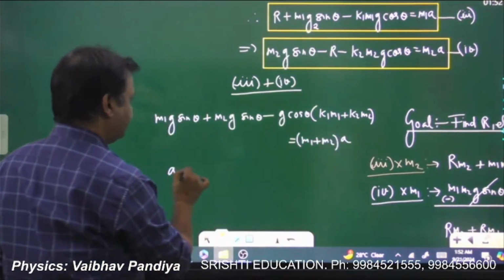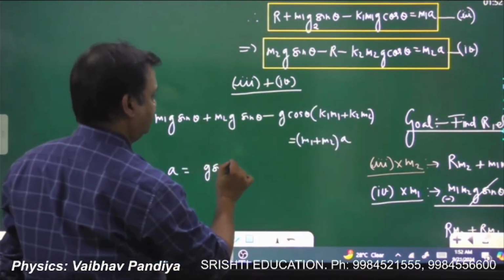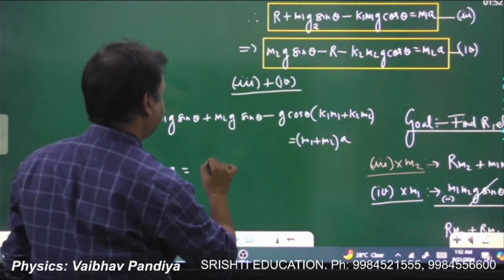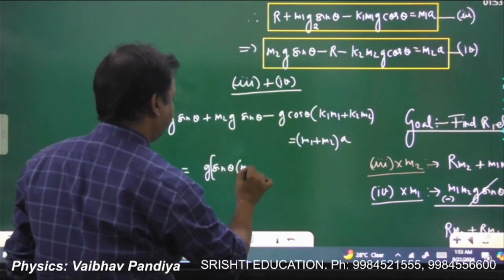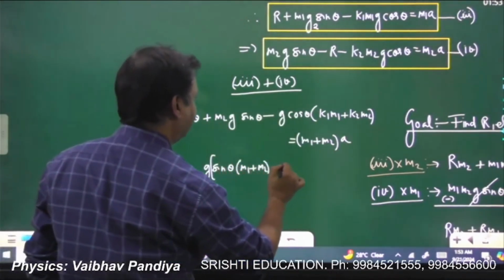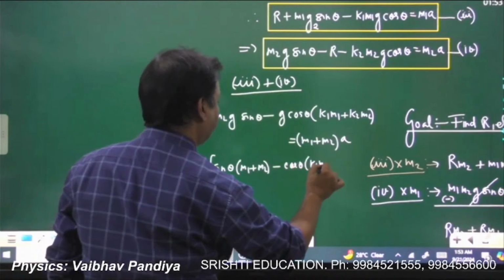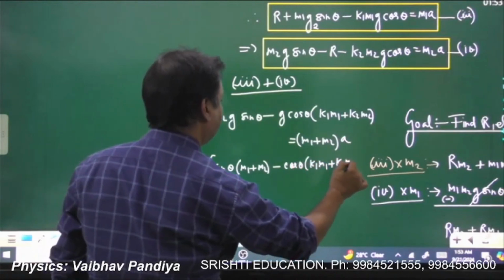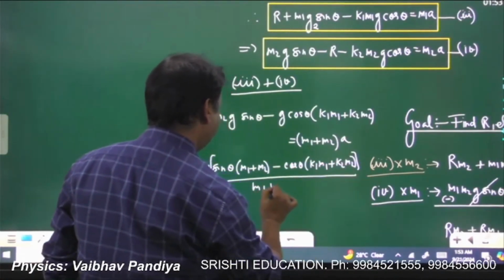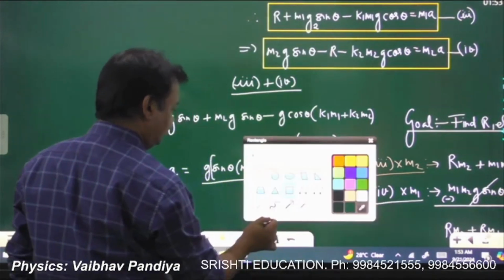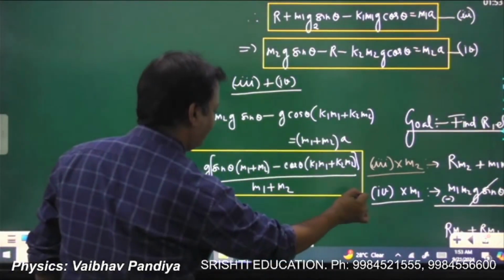So a will come to be, taking g as a common factor, g [sine theta (m1 plus m2) minus cos theta (k1 m1 plus k2 m2)] divided by (m1 plus m2). So this is the value of your common acceleration of the two blocks.